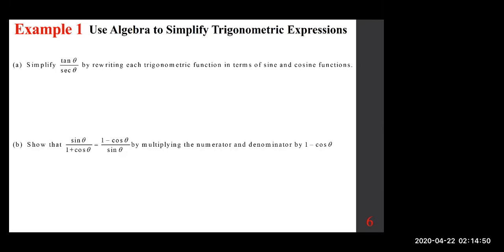That's all. If this is the case, we can obviously drop the cosine. And the final answer is sine. And that's it, class. So the answer is sine theta. Does that make sense? Is everybody okay with that?